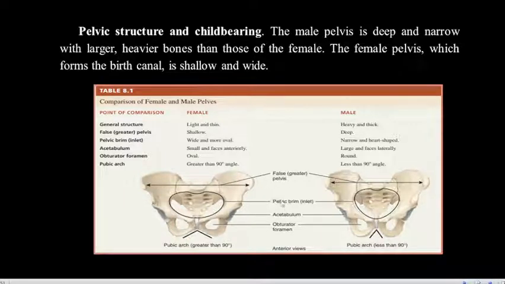Kaya ganun yung sa females kasi kapag nagbuntis, or naging pregnant, may space para sa baby. Yung sa males, hindi naman kailangan na maging wide ang diameter kasi nga, hindi naman sila nanganganak. So, hindi kailangan ng place or space for the baby. So, that's why, for childbearing.